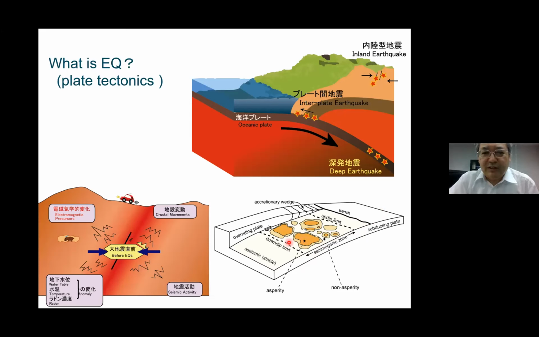And the other place is loosely contacted and easy to move. So usually, before a large earthquake, the asperity is hardly contacted, but the other plate is moving very fast. And this hardly contacted place collapses due to the accumulated stress and large energy is released. So this is a subduction large earthquake.